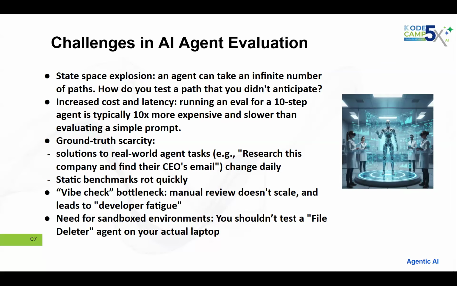You should run it in a sandbox environment so that even if it deletes a file, that is not a problem because that's not the actual production environment. So you need to test and evaluate it in a sandbox environment so that if there are any issues, it doesn't affect production. Right?